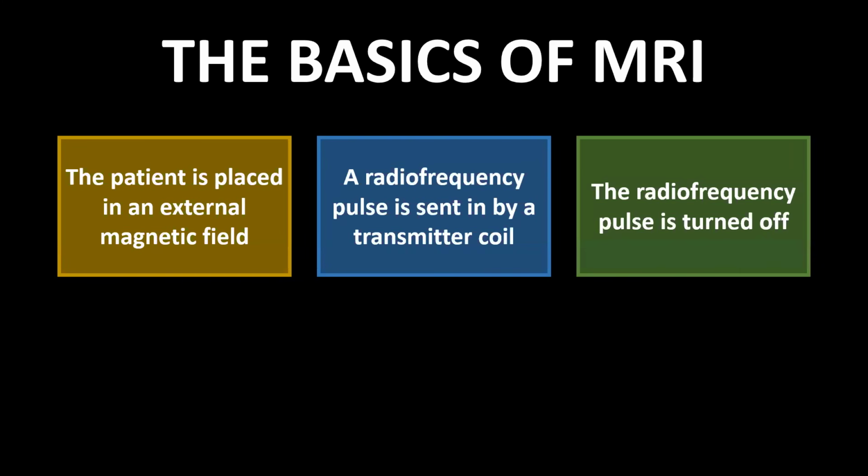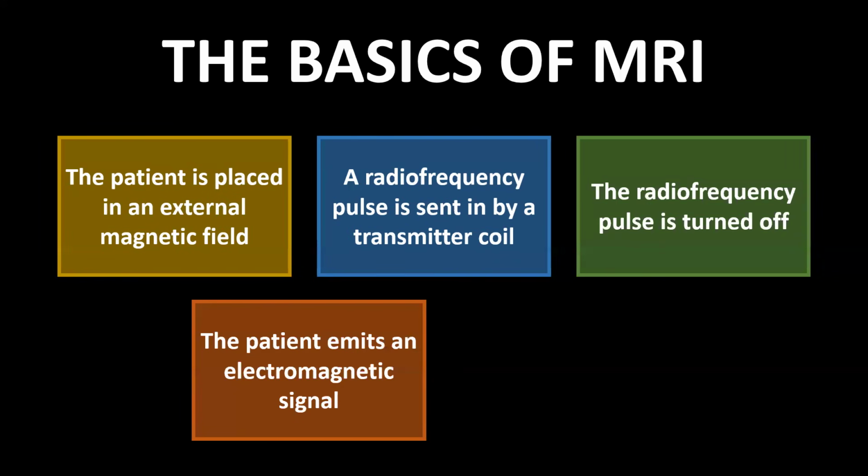Then we turn that radiofrequency pulse off, and as a consequence, the patient will emit an electromagnetic signal, more specifically a magnetic signal, and that magnetic signal is once again captured by the coil I talked about. That coil can transmit things, it can also receive things.